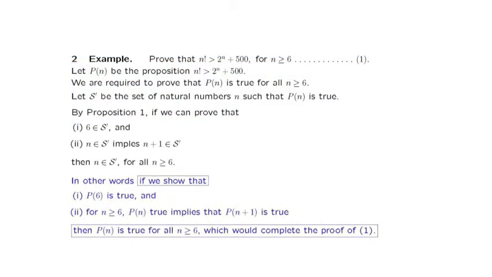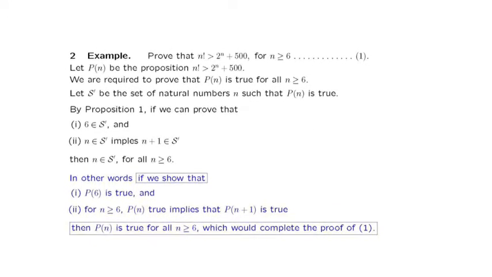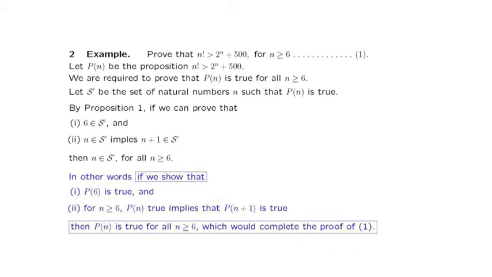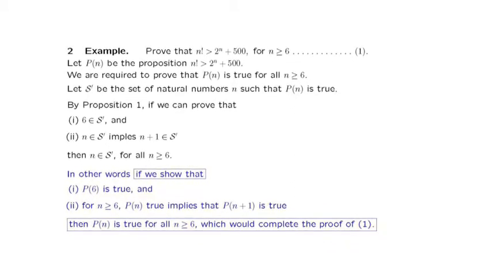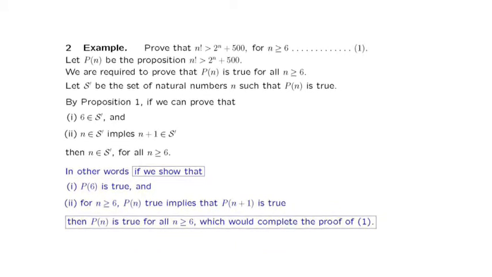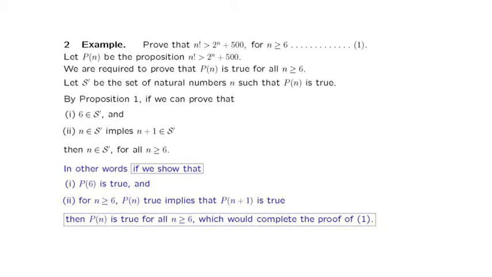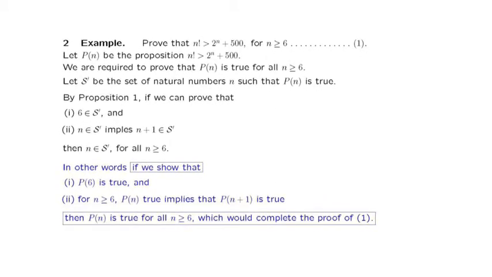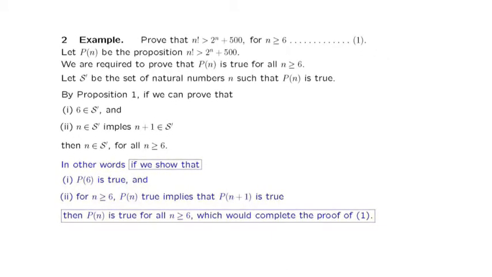In other words, if we show that, firstly, P6 is true, and secondly, for n greater than or equal to 6, Pn true implies Pn plus 1 is true, then Pn is true for all n greater than or equal to 6.